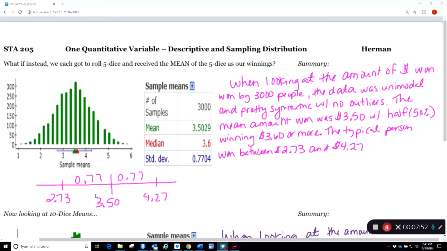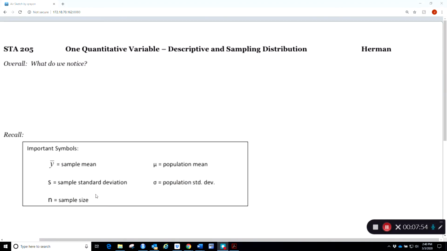So let's try summarizing what hopefully we saw. So what did we notice? And more specifically, what did we notice as we rolled more dice? And when we're rolling more dice, we're increasing our sample size. So what happened as we rolled more dice?